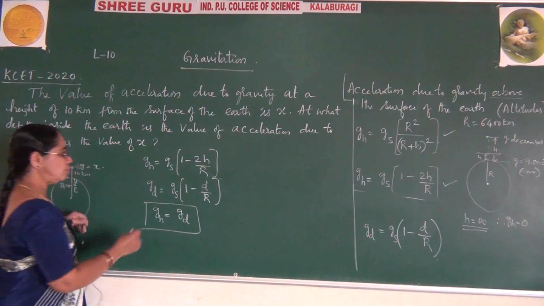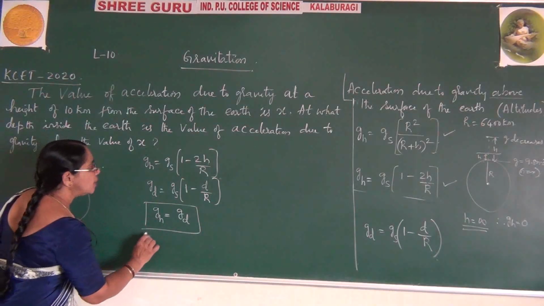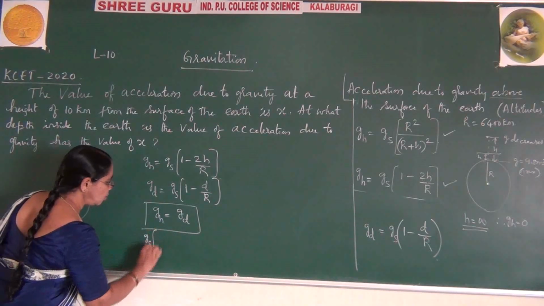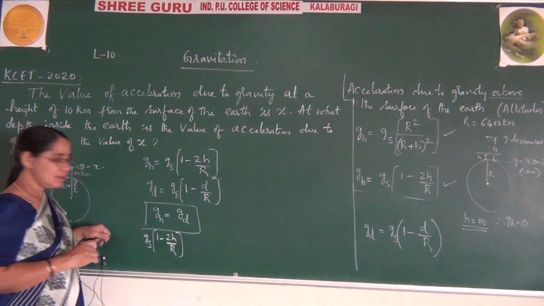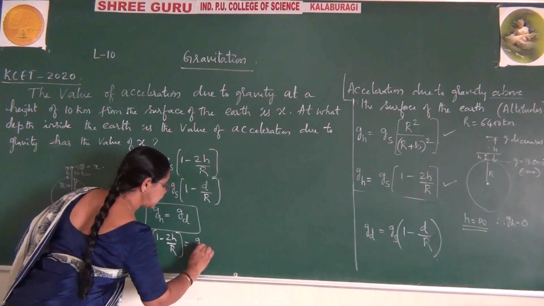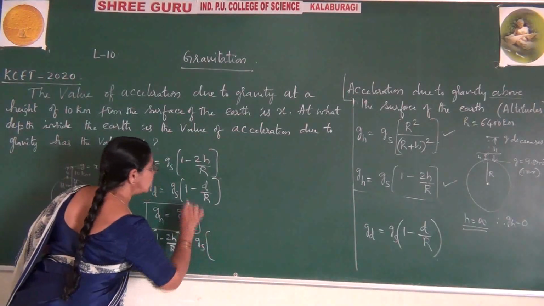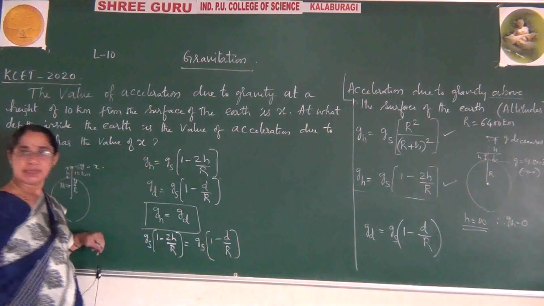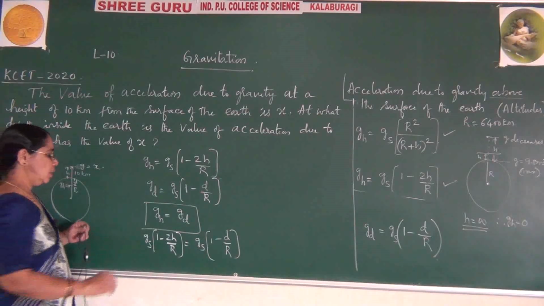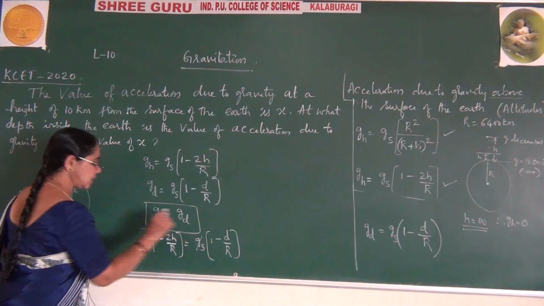Now if I substitute the formula, you get g_s into (1 minus 2h by R). This is one formula. That is equal to g_s into (1 minus d by R) for depth. Now this g_s gets cancelled.